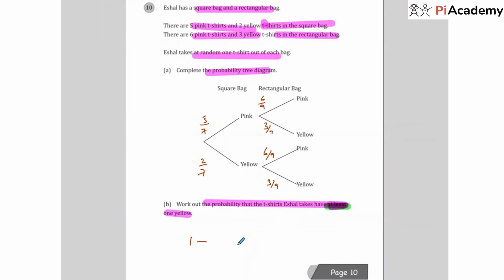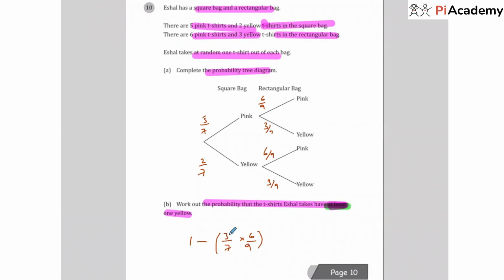I'm sorry, Arav. Somehow I'm missing it. So you have to subtract the pink and pink combination. So it's 3/7 multiplied by, sorry, is it multiplied by 6/9? I'm not sure.